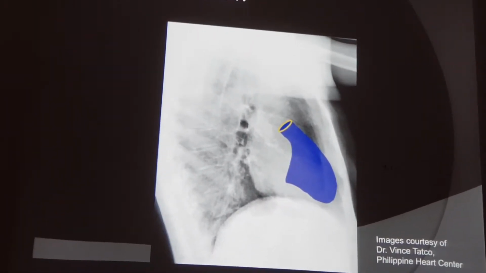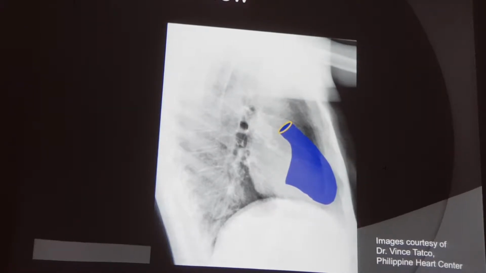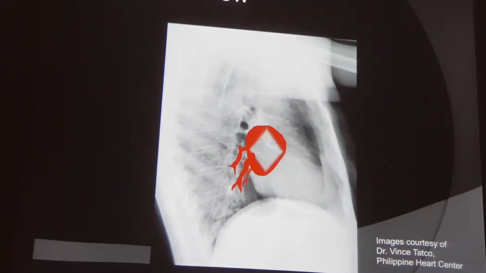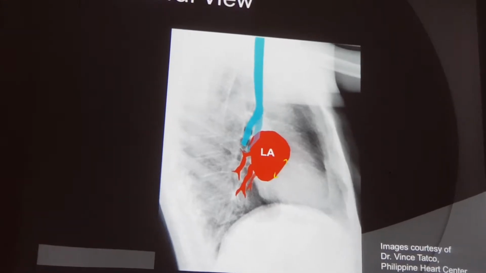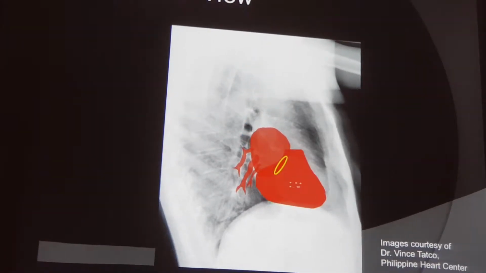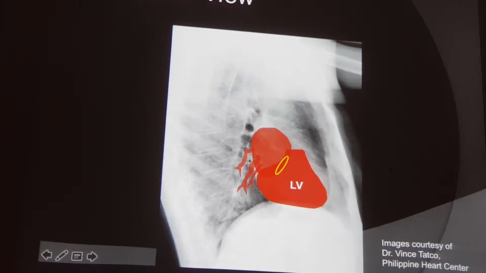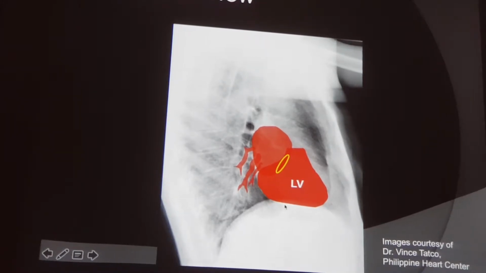So that is one technical difficulty with regards to pediatric patients. Your pulmonary veins are more inferior. There you have your left atrium. And there you have your left ventricle. So your left ventricle is more posterior.